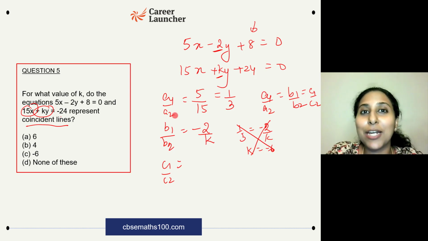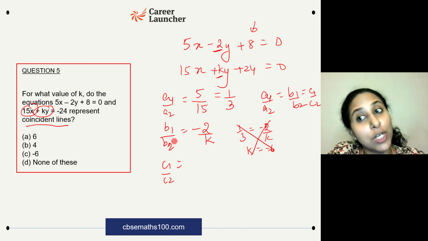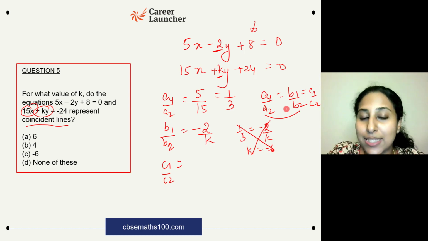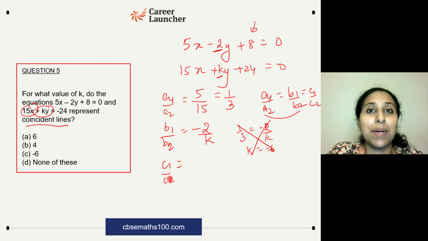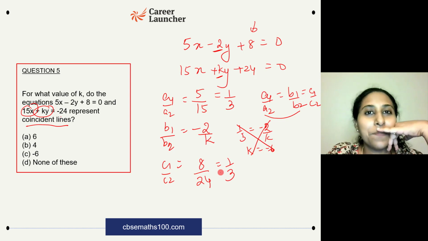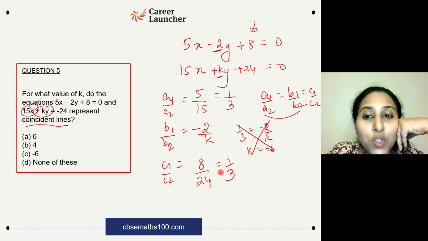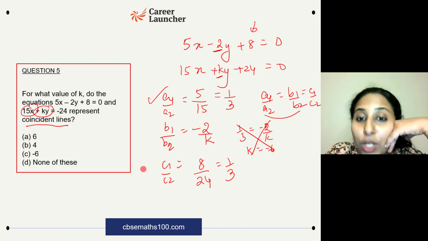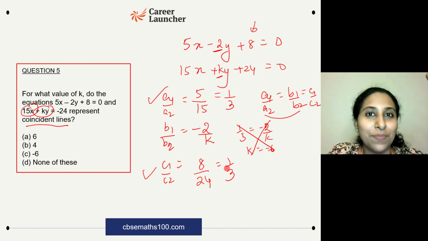We found a1 by a2, we found b1 by b2. We know that they should be equal if they were coincident lines, but please take time to find out what c1 by c2 is here. c1 by c2 over here is 8 by 24, which is 1 by 3. Only in the situation where a1 by a2, whose value you know, 1 by 3, is equal to c1 by c2, which is 1 by 3, should you continue.